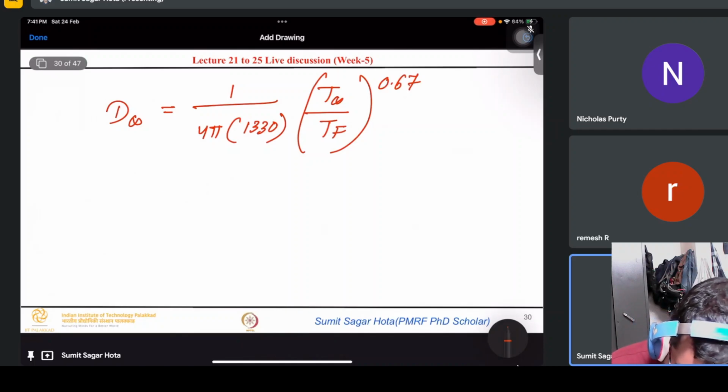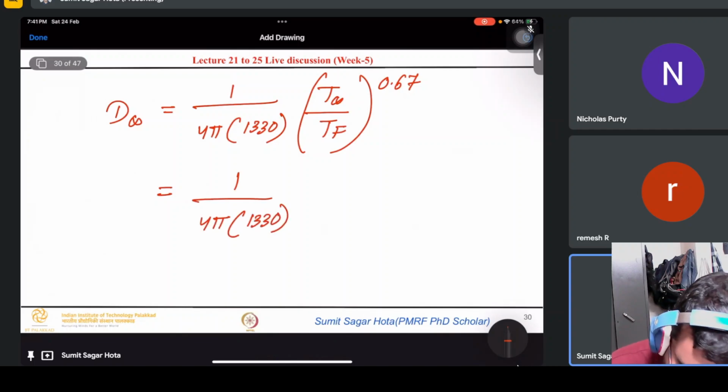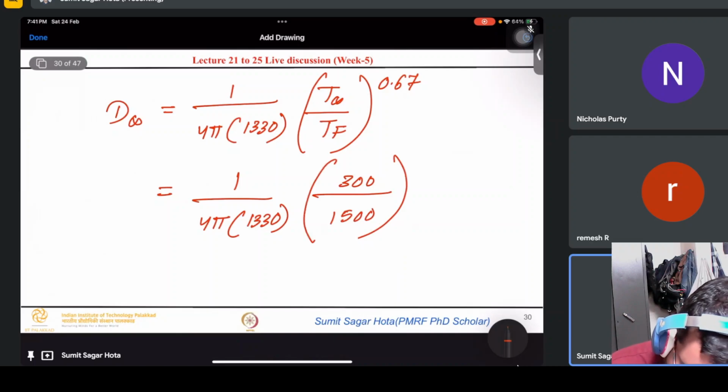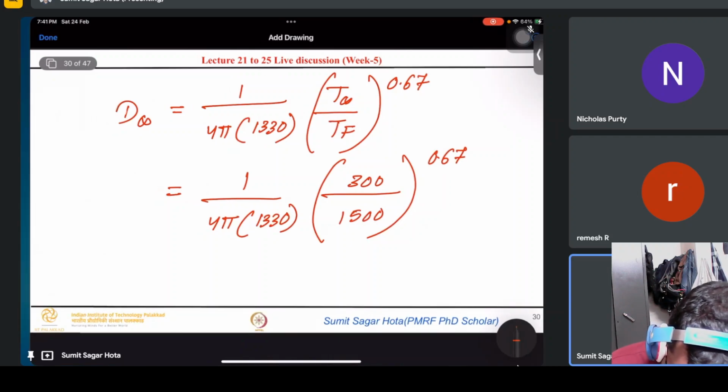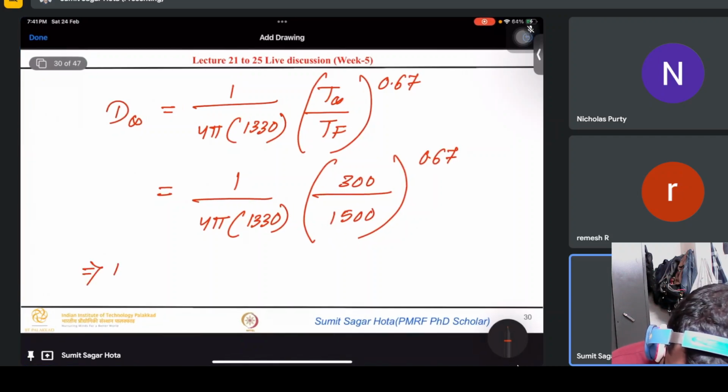Substitute T infinity and TF: 1 by 4 pi, 1330, 300, TF 1500, power 0.67. What do you do? Solve it. We will get D infinity as 2.035 to the power minus 5.